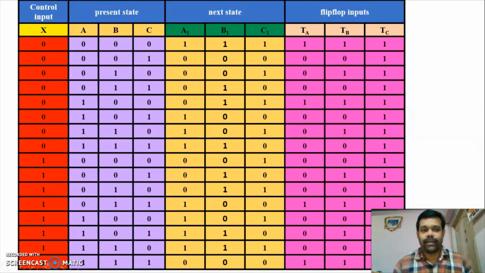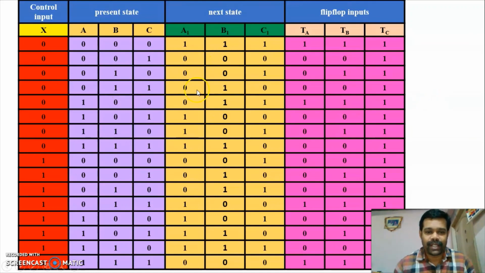Or transition table. So X is a control signal, and when X is equal to 0, it will perform the down operation. If 0 is the present state, what is the next state? 7. If 1 is the present state, what is the next state? 0. If 2 is the present state, next state is 1. If 3 is the present state, next state is 2.